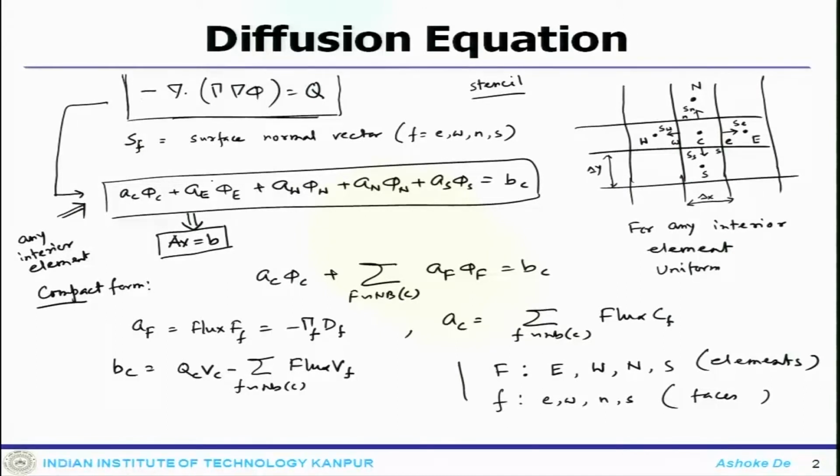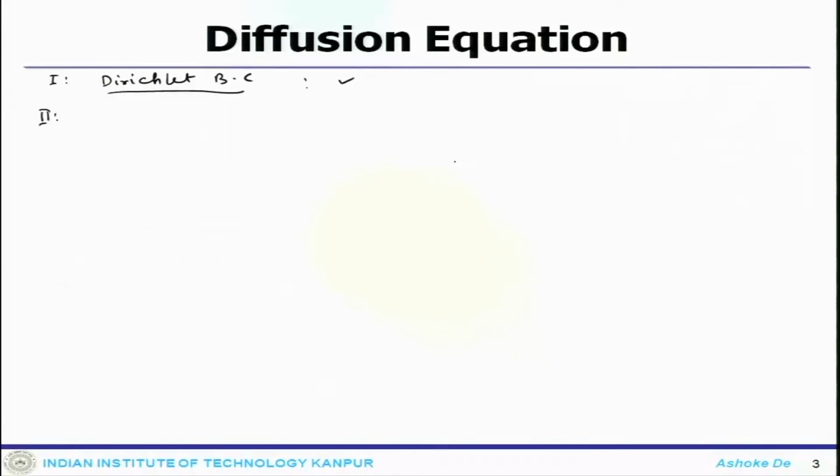At the same time, some terms will appear in the source term due to the specified variable. Similarly, if the boundary face belongs to north, the north contribution goes off. If it is at the west, the AW phi W goes off. If it is the south, AS phi S goes off. So, that is how for a Dirichlet boundary condition one can arrive at the cell equation.